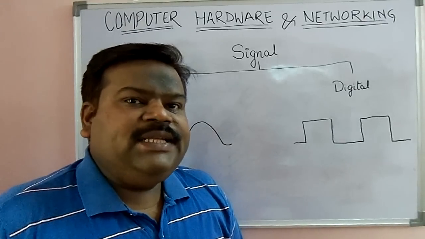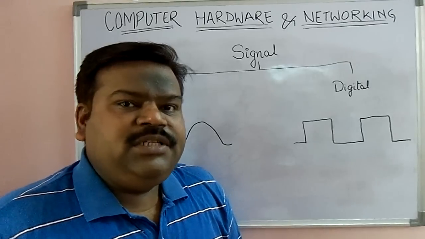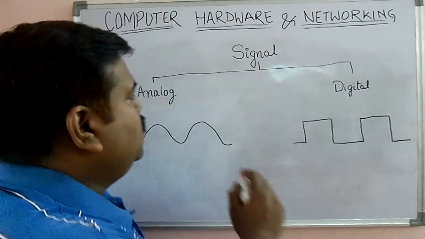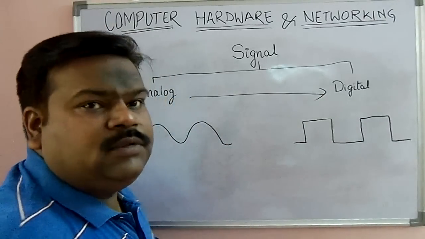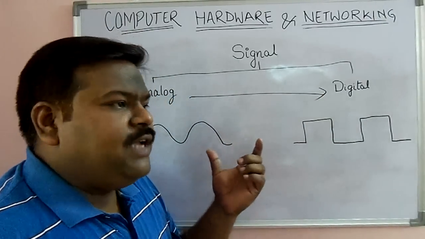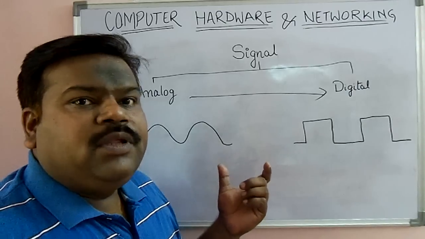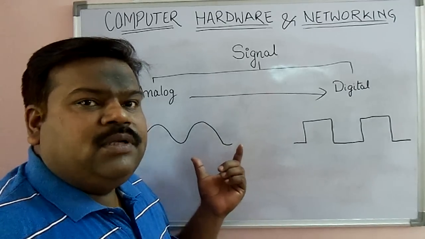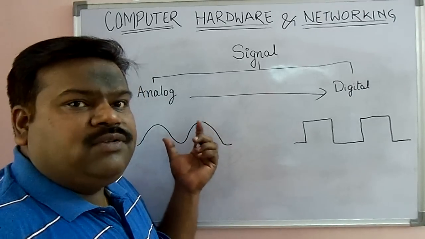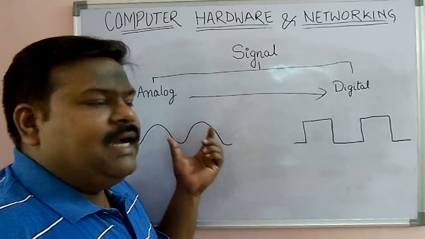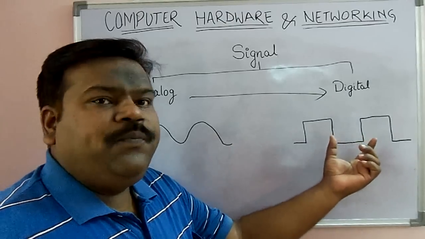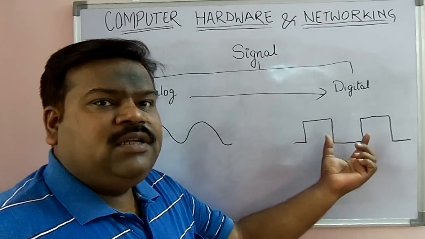The major thing is everything has changed from analog to digital. Every device, like audio tapes. Earlier we were using audio tapes, that have been converted into CDs and DVDs.